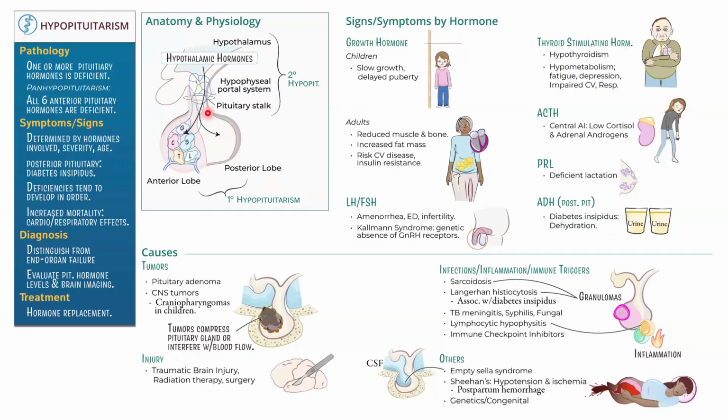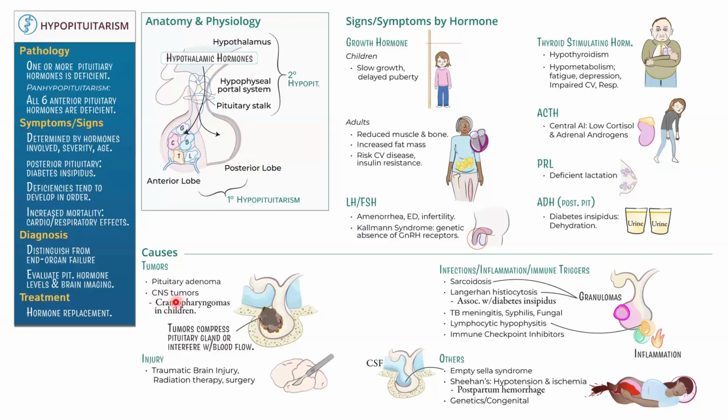So what causes this hypopituitarism? You can appreciate the causes. One, if you have tumors of the pituitary gland. So pituitary adenomas, as you can see. This one is the pituitary gland here, this is the hypothalamus, and this is the sella turcica. Two, if you have tumors of the central nervous system, that is, the brain has tumors that compress the pituitary gland.